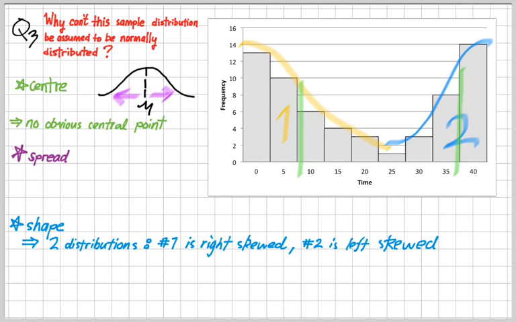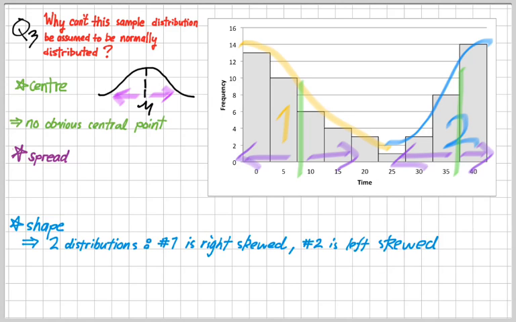What I've also done is highlighted, so if I have two distributions, what that means is there's got to be two central points, one for distribution 1, one for distribution 2, or two means, you can think of it that way. So I've kind of highlighted that there for you. Hopefully that's not too bad for you.